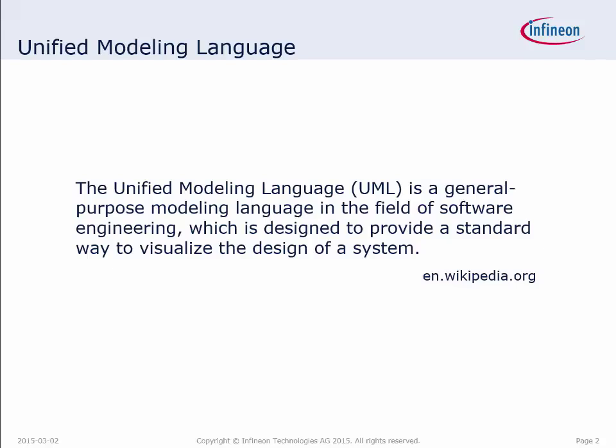UML, from Wikipedia: the Unified Modeling Language, UML, is a general purpose modeling language in the field of software engineering, which is designed to provide a standard way to visualize the design of a system. To interpret this, what does it mean? UML was developed and used mainly in the field of software engineering.